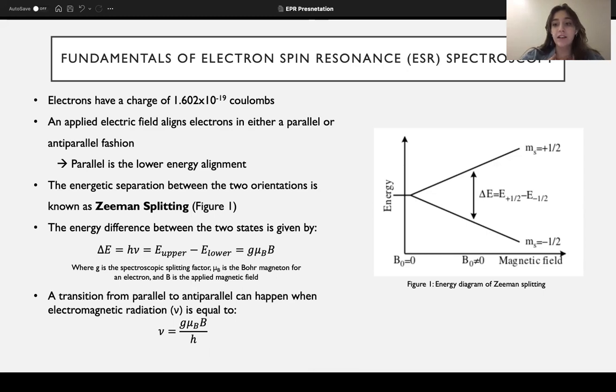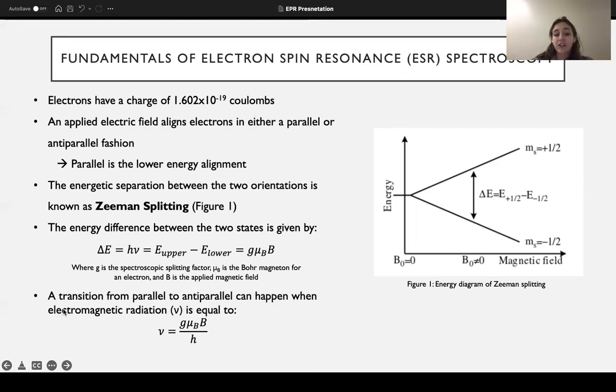The energetic separation of these two states is known as Zeeman splitting, shown on the right here in this diagram. The energy between these two states is simplified to be the g factor times mu sub B times the magnetic field B, where g is the spectroscopic splitting factor, mu sub B is the Bohr magneton for an electron, and B is the applied magnetic field.